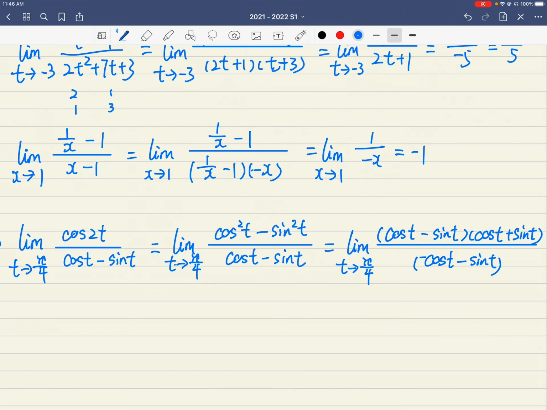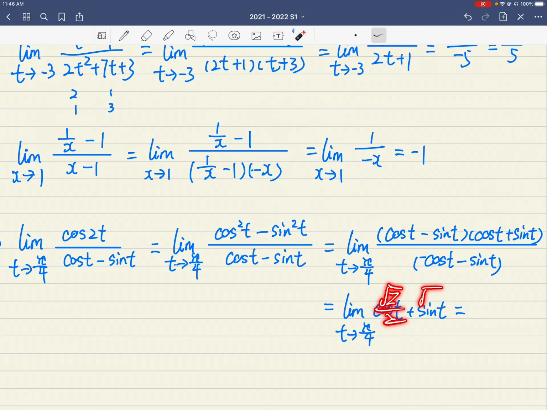So these two parts cancel out. You have only cosine t plus sine t. Then do the substitution. This part is square root of 2 over 2, this part is square root of 2 over 2. So the result is square root of 2.